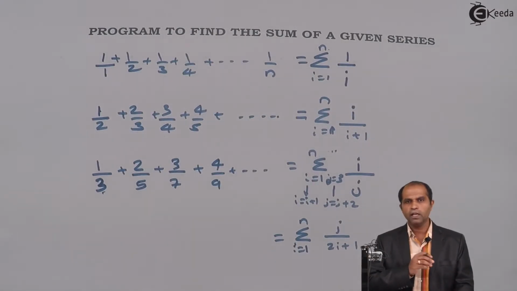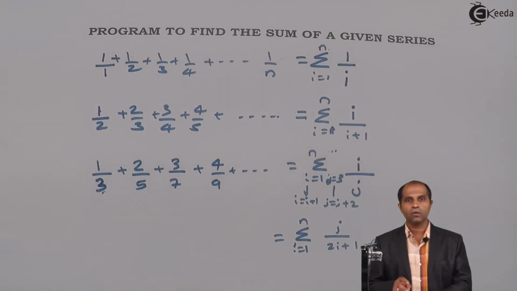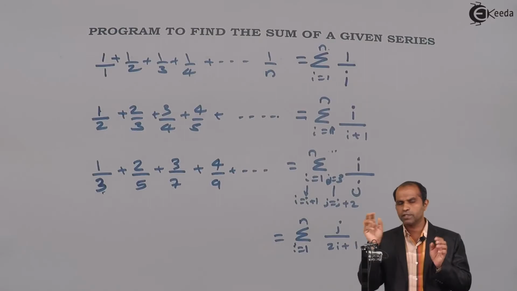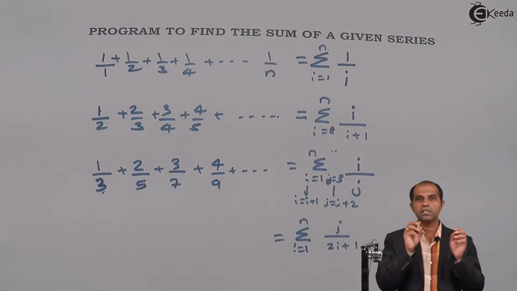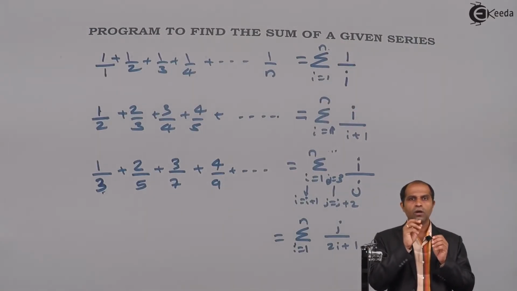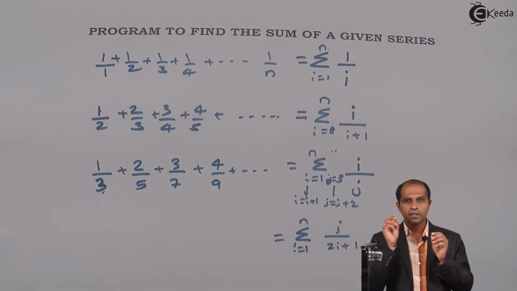So you can implement any of these series examples onto a for loop. What is the basic operation you are supposed to do? First thing is identify the series. Once a series is identified, identify the numerator. First go with the numerator. Is this numerator a constant or changing?